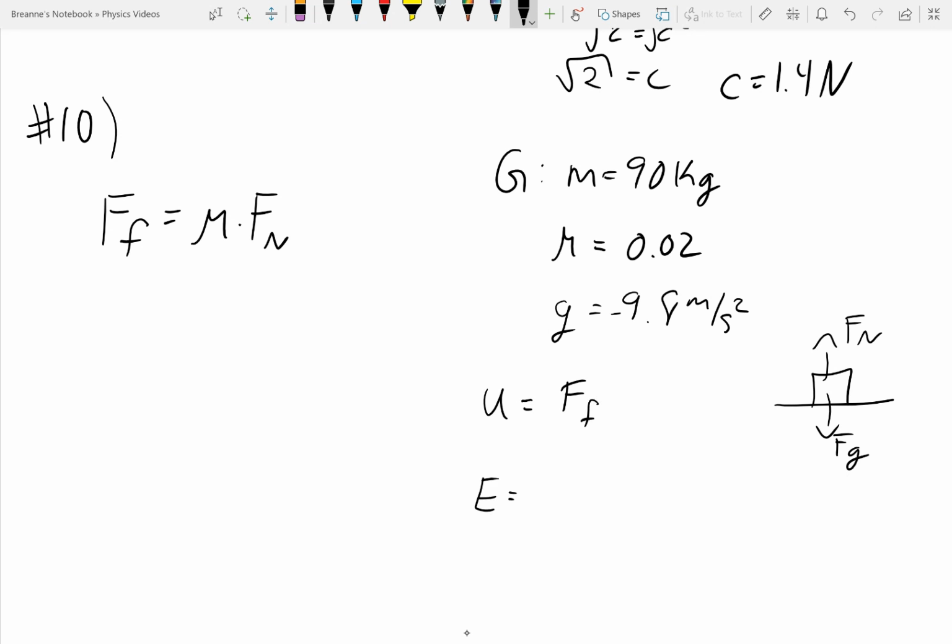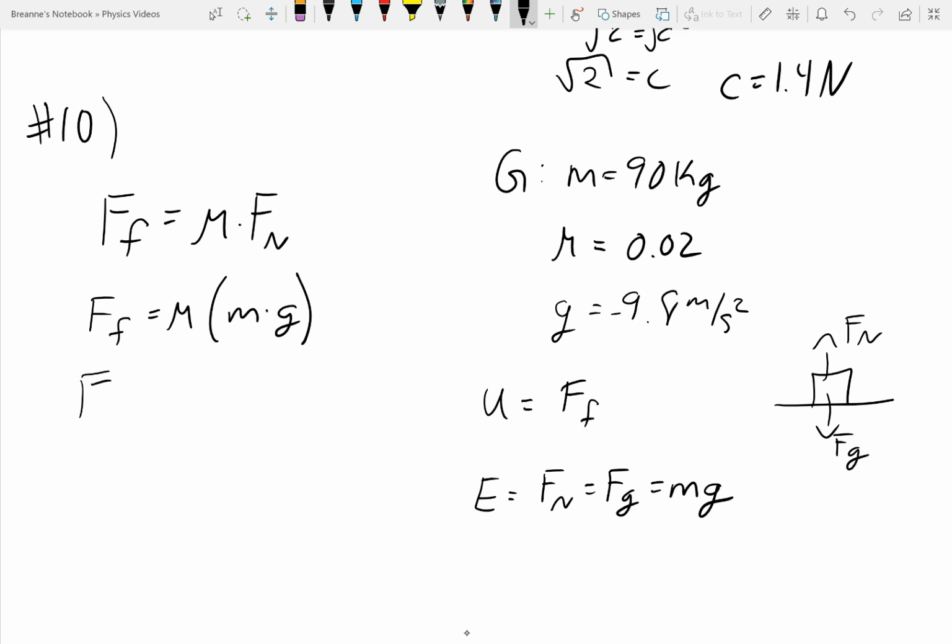So, we know that force of normal equals our force of gravity, but force of gravity also equals mass times acceleration due to gravity. So therefore, our force of normal equals mass times acceleration due to gravity. And we have all those given. So our mu is 0.02, our mass is 90, our acceleration due to gravity is negative 9.8.